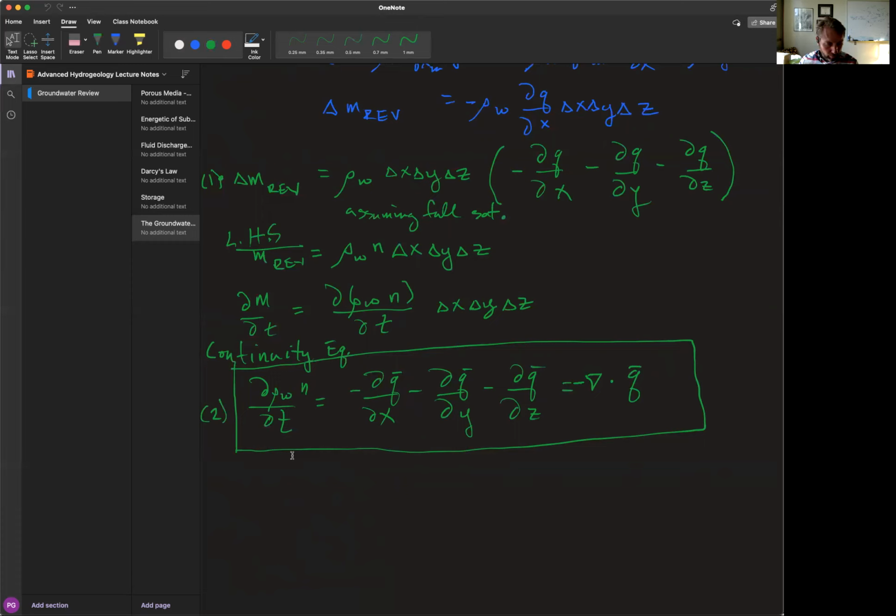So I'm going to use Darcy's law to get the right-hand side in terms of head.